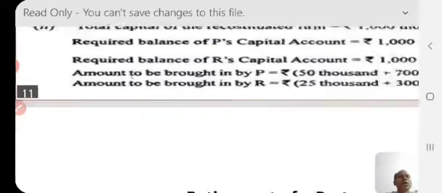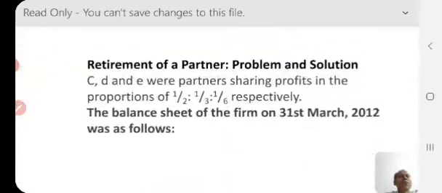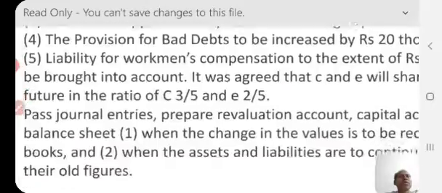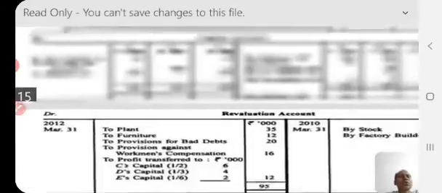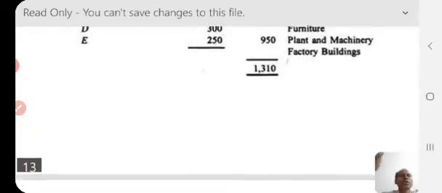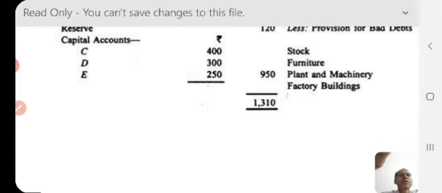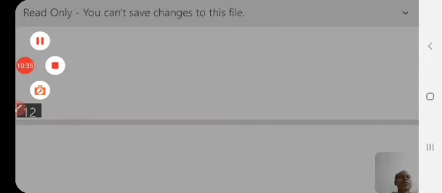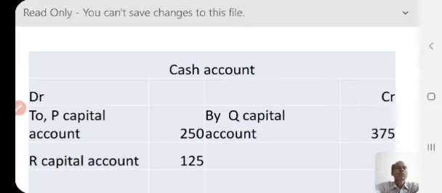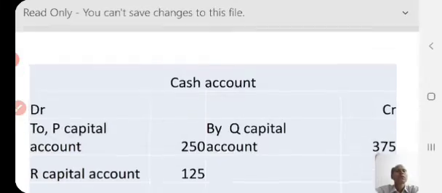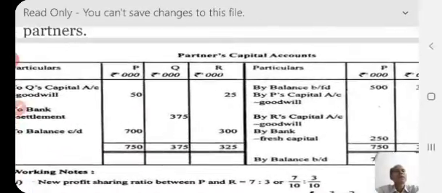Yes, so now we shall move to another problem. This is also on ratios. This is the cash account. So see this capital account.